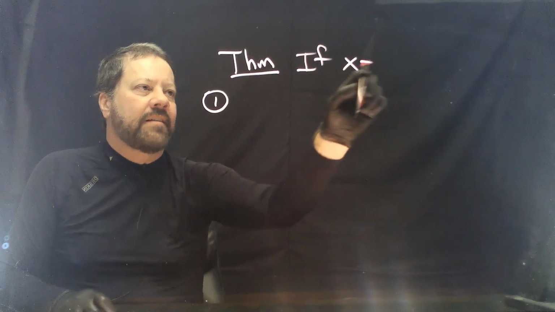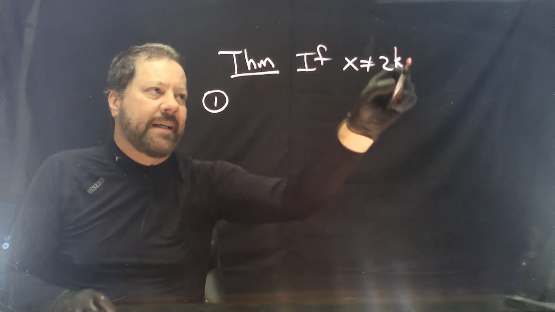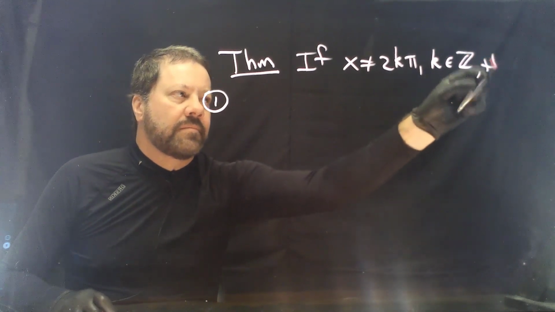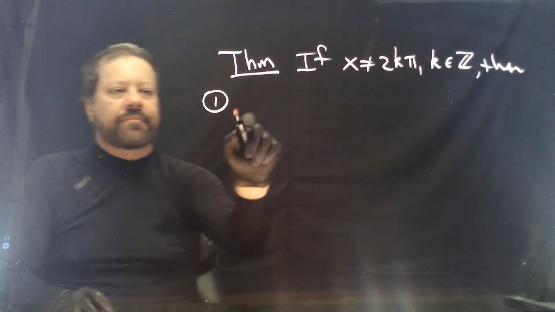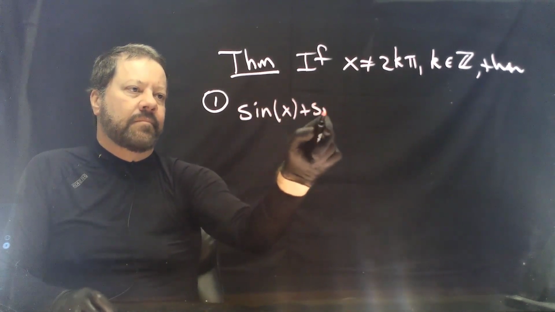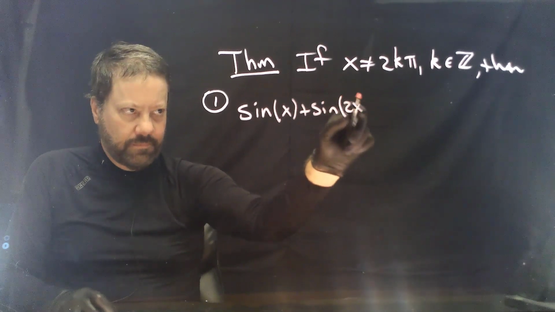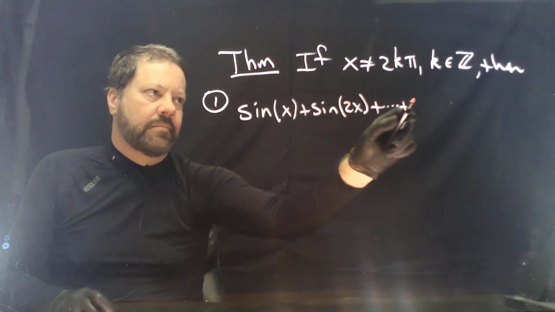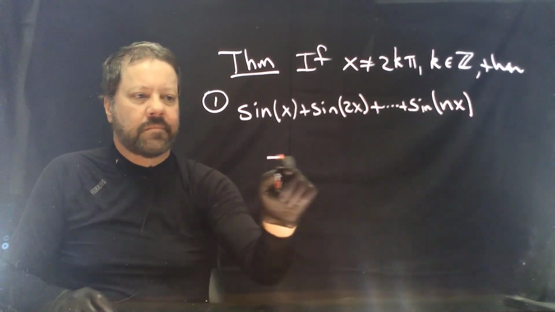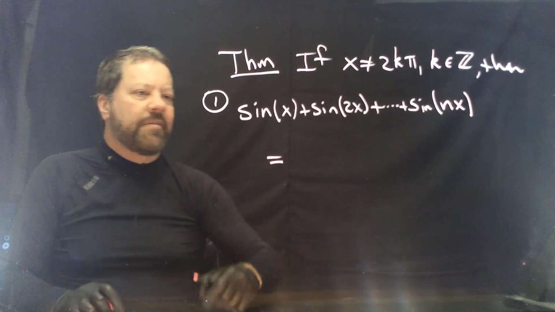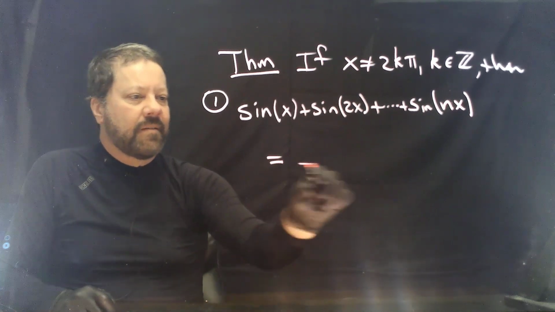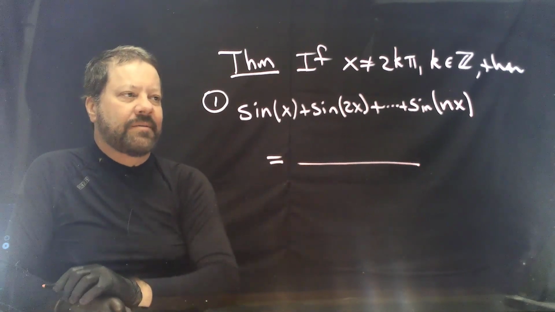If x is not 2k pi, then the sum of all of these sines of k times x, what does that add up to?